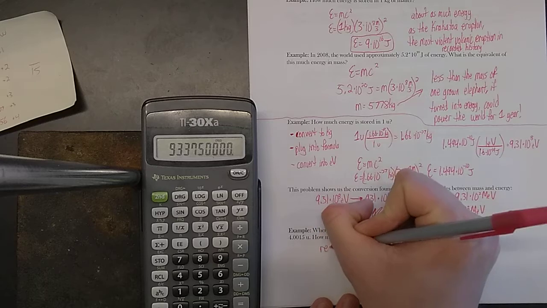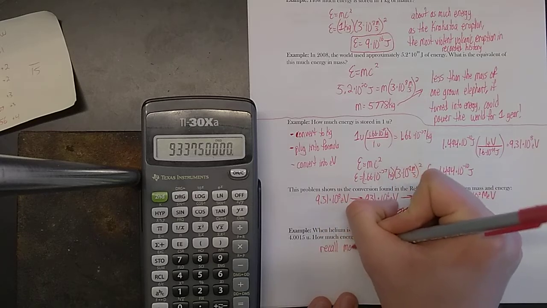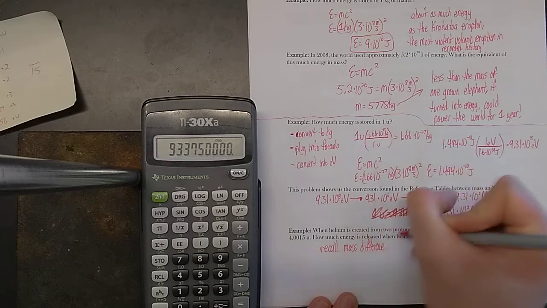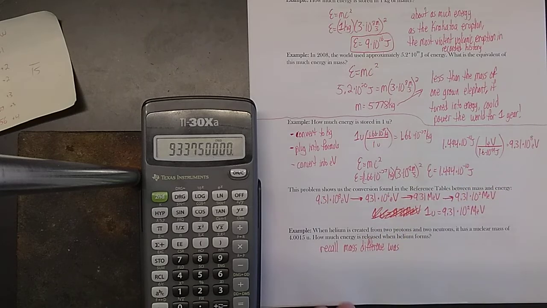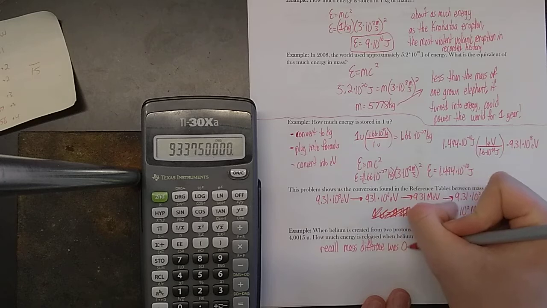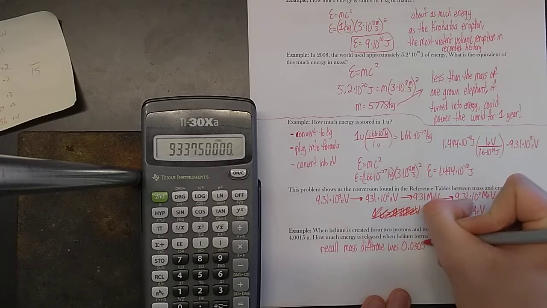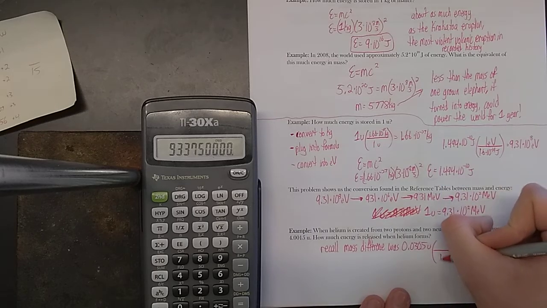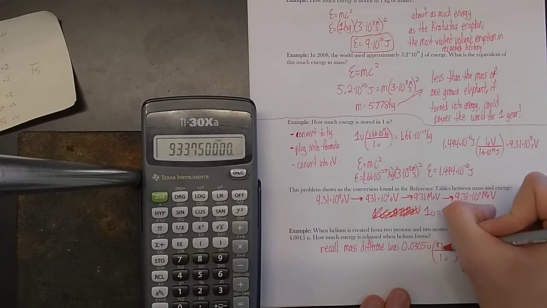Well, let's recall that the mass difference between the sum of what goes into the helium nucleus and the mass of the actual helium nucleus was 0.0305 U. Let's convert that into energy. 1 U is 9.31 times 10 to the 2nd MeV.